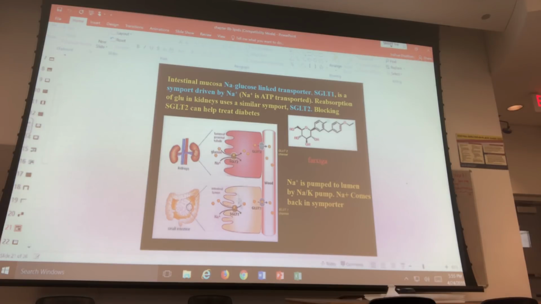Afterwards, the glucose will eventually be moved from the cell into the bloodstream through a secondary facilitated transport. All right, but the main important part is the sodium glucose transporter. It's facilitated diffusion, does not require ATP. I know you might see that, oh, sodium is ATP transported. That does not mean this pump is ATP dependent.